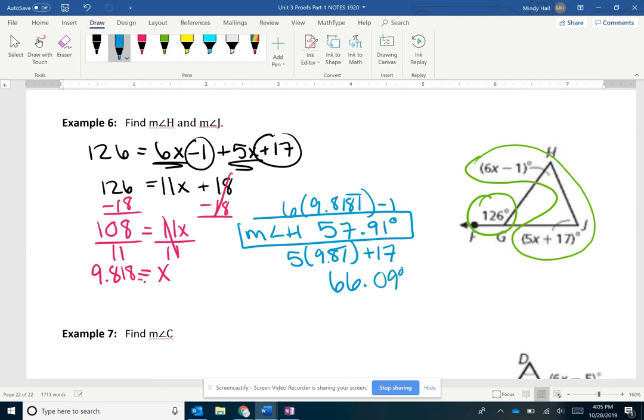So we would just round to 09, and that would be the measure of angle J. Mine might be slightly rounded, but it is okay. And when you add that to 57.91, that gives you about 126. Remember, we rounded, so mine is off a little bit. But if you don't round, it should equal 126 degrees when you add them together.